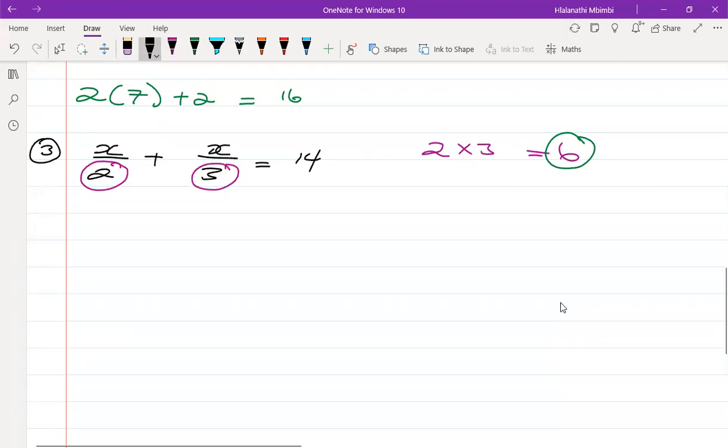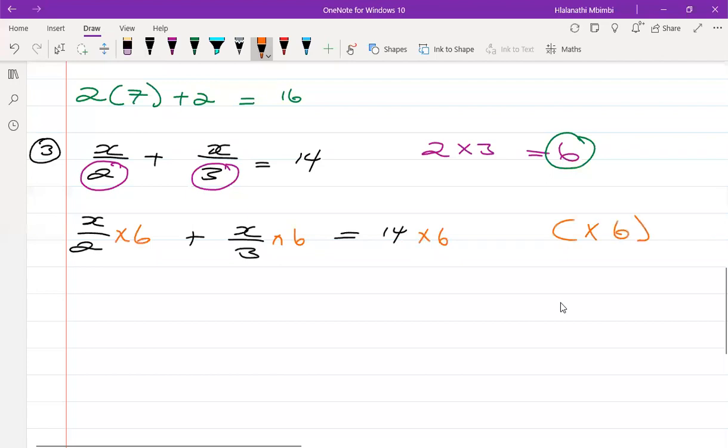So that would be x over 2 plus x over 3 is equal to 14. What you would be basically doing is multiplying this by 6, that by 6, that by 6. That's the same as taking the equation and multiplying all of it by 6. Now what happens is that you get 6x divided by 2 plus 6x divided by 3 is equal to 14 times 6, and that is 84.